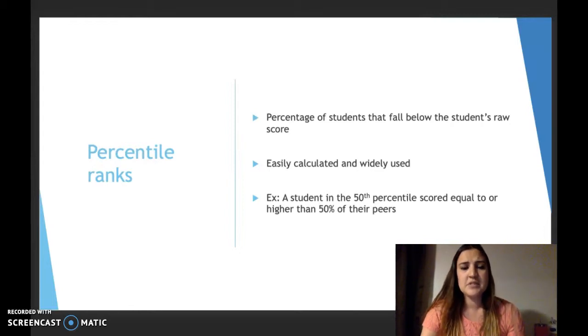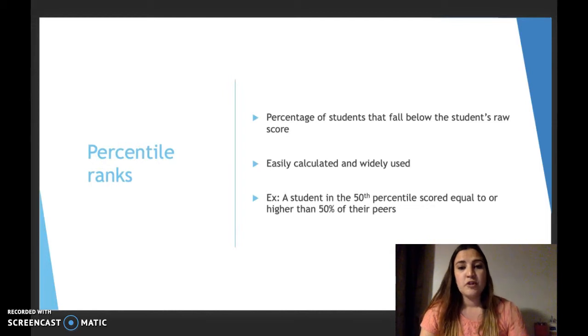The percentile is the percentage of students that fall below the raw score. So this is pretty easily calculated. If you have 100 students and 50 students scored below what I did, that would put me at the 51st percentile.